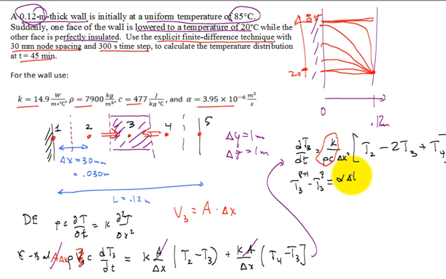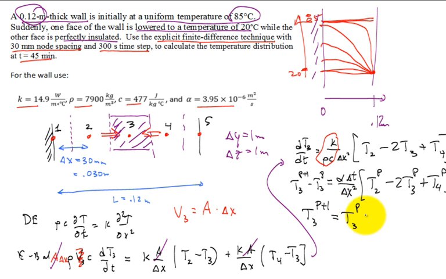We have alpha delta T divided by delta x squared, times T2 at time level P minus 2 T3 at time level P plus T4 at time level P. So T3 at the new time step is T3 at the old time step plus all of this.